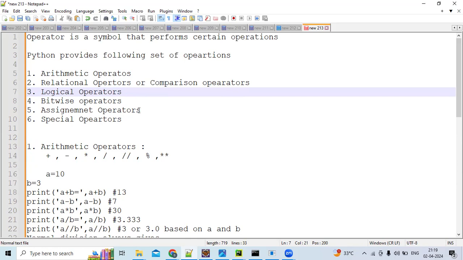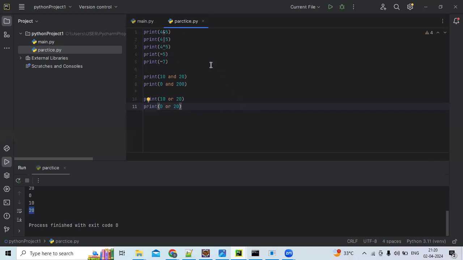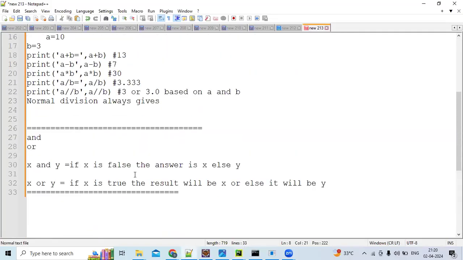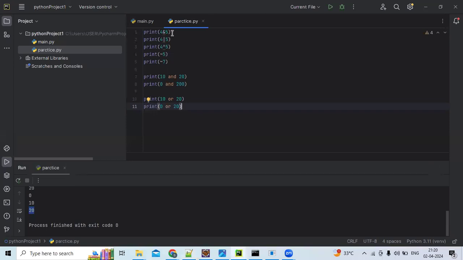Okay. So now currently we are at bitwise operators, guys. So bitwise means these are the five. Yesterday I have told you, right, how to convert them, right? 4 and 5, 4 or 5.